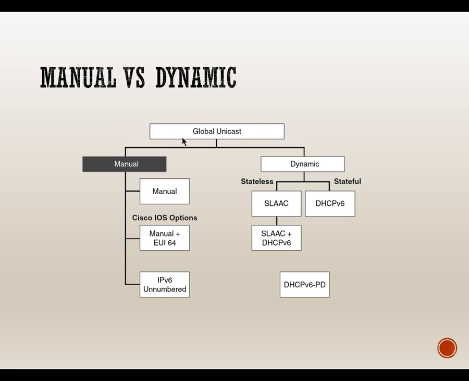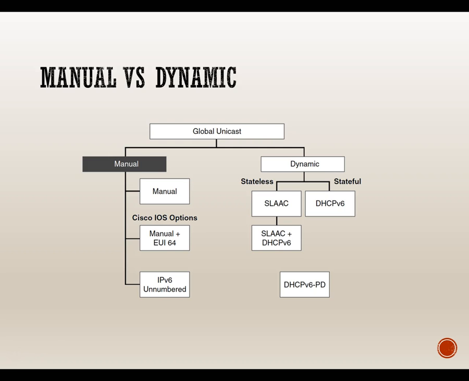Manual versus dynamic. For global unicast, we can manually assign addresses. The Cisco options are manual plus an EUI-64, IPv6 unnumbered, or just a manual address. So we can do manual or we can do dynamic, and we talked about stateless. The stateful one was DHCPv6, where we had an IPv6 DHCP server running.